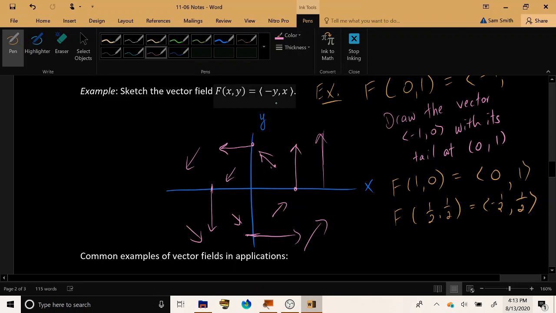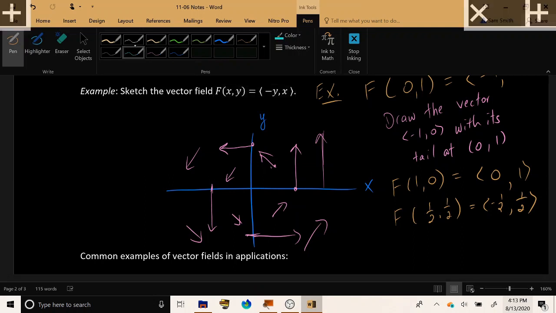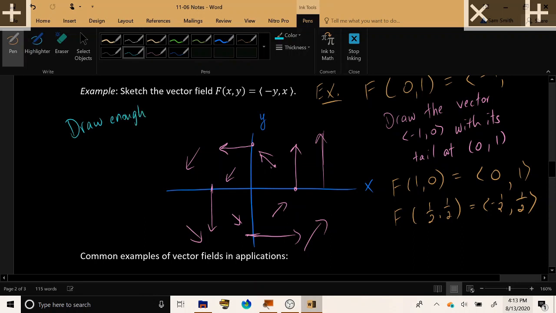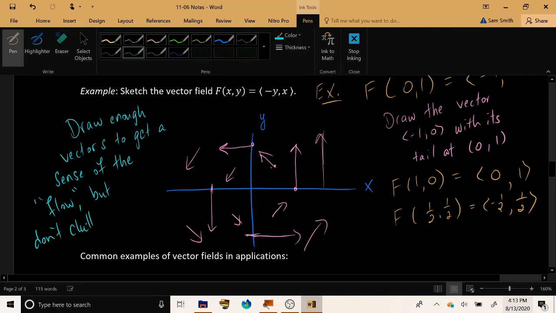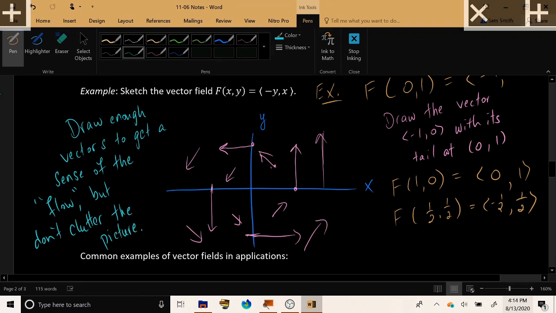You don't want to draw too many because it takes a lot of time and it will just clutter the picture. So draw enough vectors to get a sense of the flow, but don't clutter the picture. This would be an example of a sketch of a vector field.